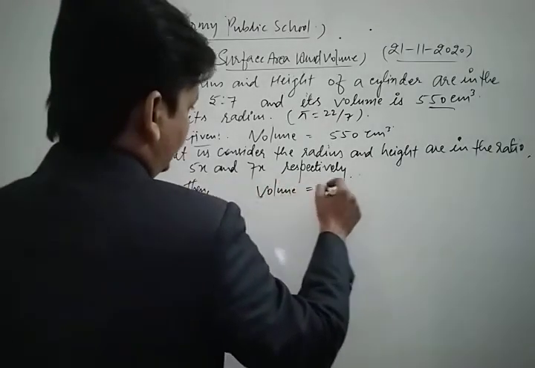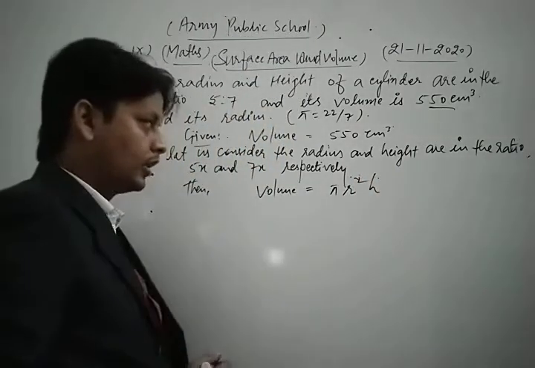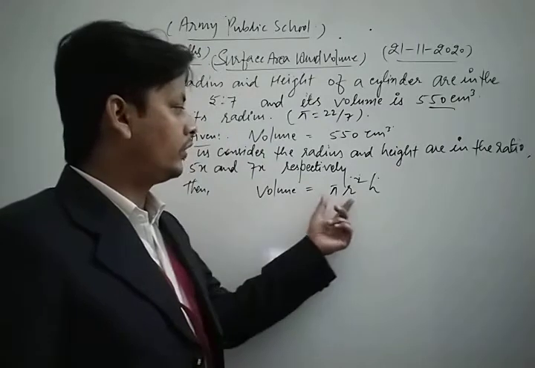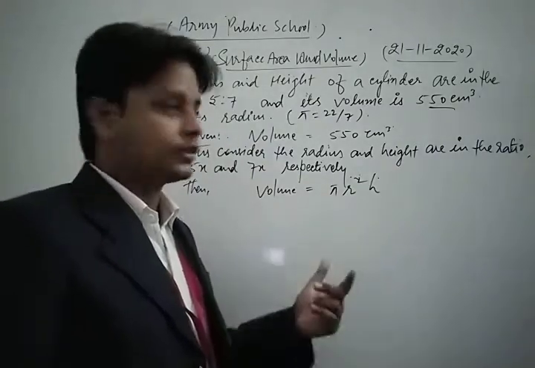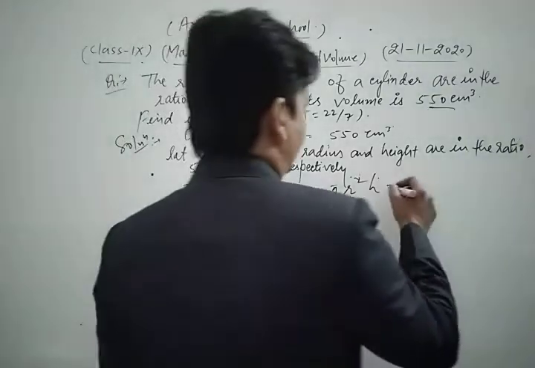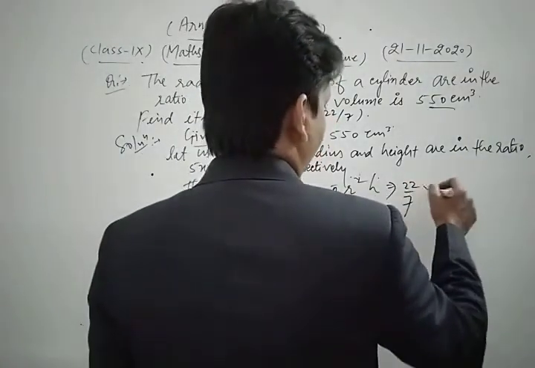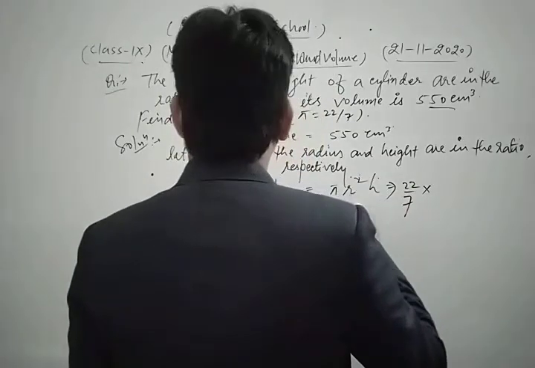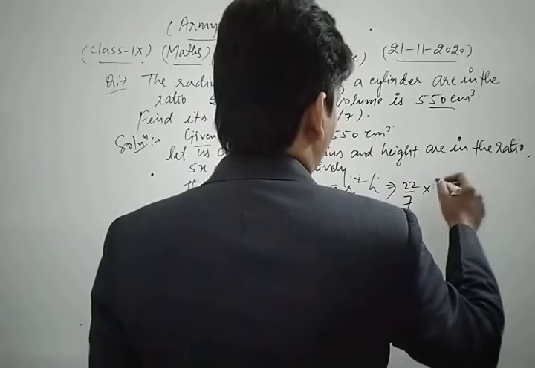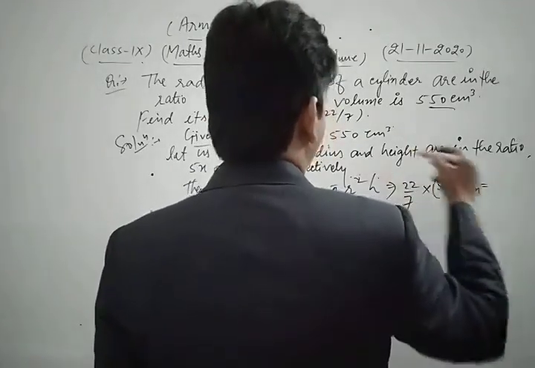Then the volume of the cylinder is pi r square into h. This is the formula for the volume of the cylinder. Now we put the value of r, h and the volume, and after solving we get the value of x. So pi as 22 upon 7 into r square, the radius is 5x, so 5x square, h is 7x, is equal to the volume.